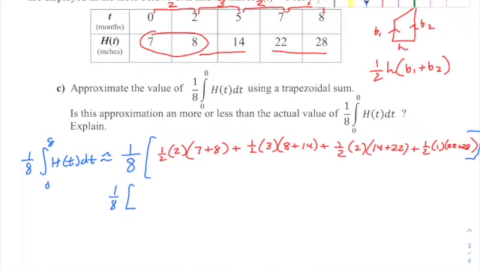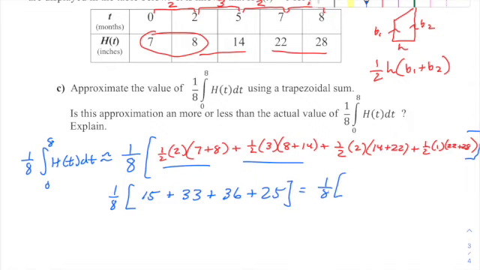So this first one is going to be 15. The next one is going to be 33. When we take half of that, 22 times 3. Half of 2 is 1 times that sum of 36. And the last one, that one that's squeezed in there, is 22 plus 28, 50, and then half of that is 25. And so you're getting 1/8 of all of that added up, which should be 109.